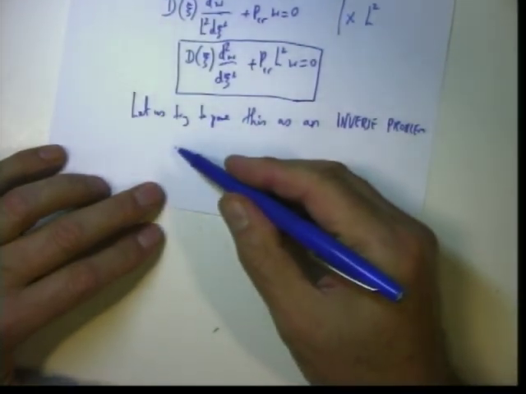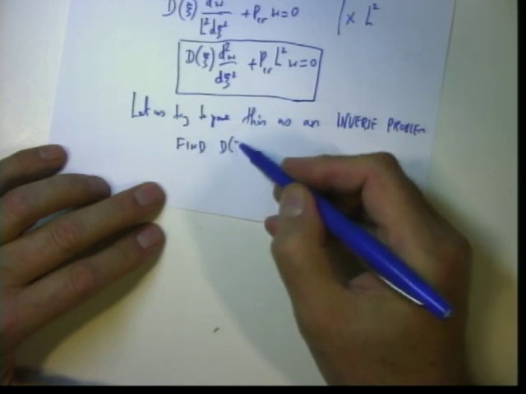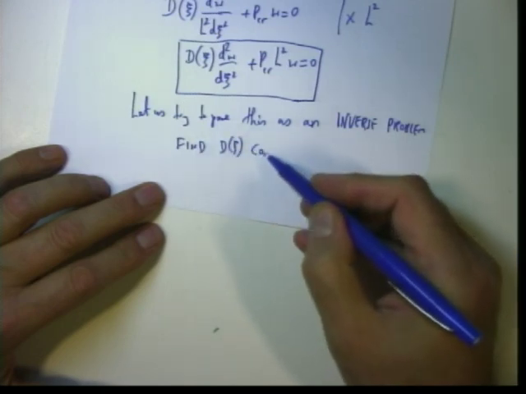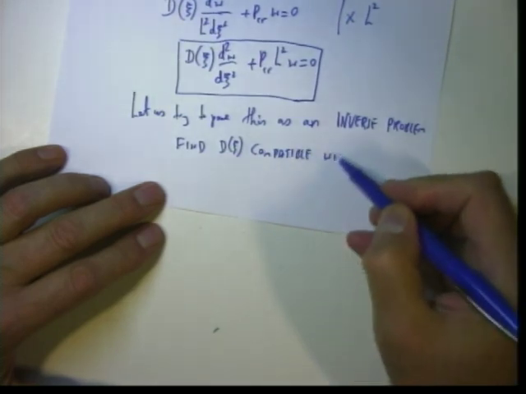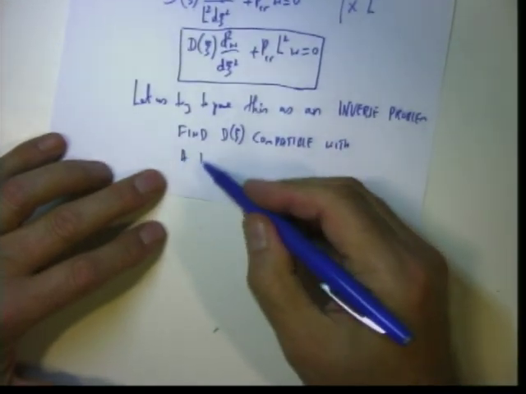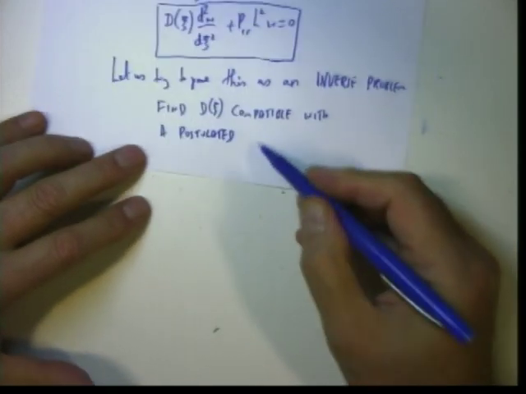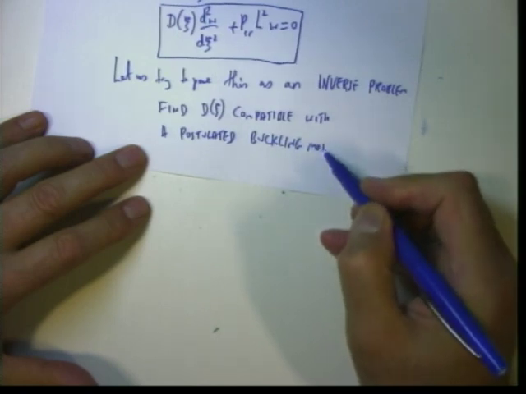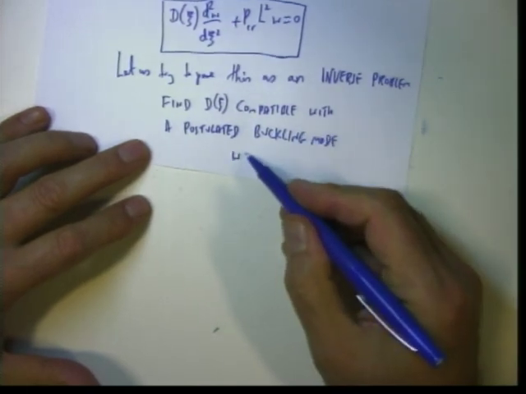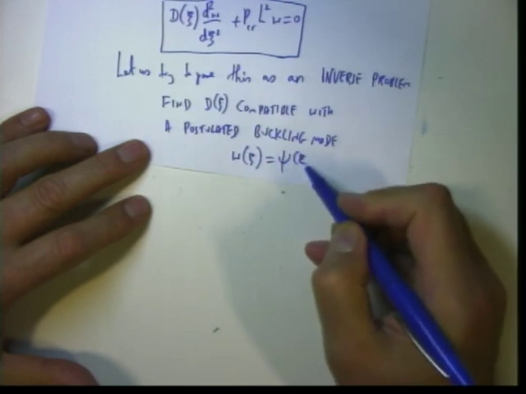So we say: find D of psi compatible with a postulated buckling mode w of psi equals phi of psi.